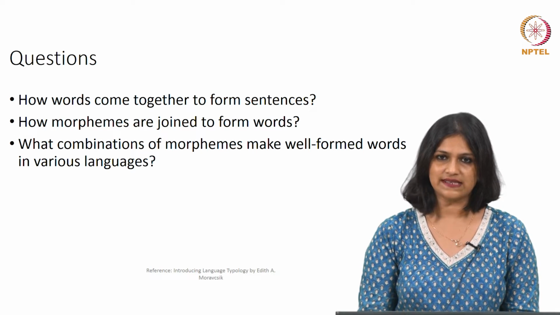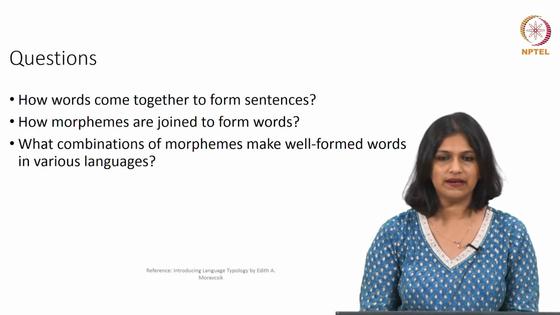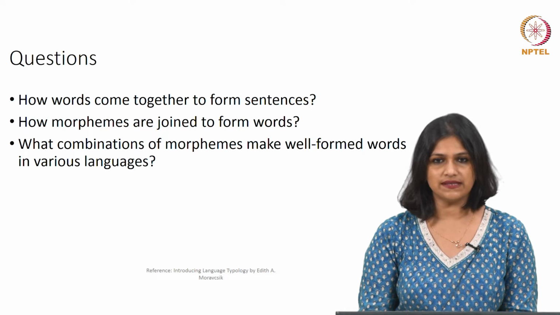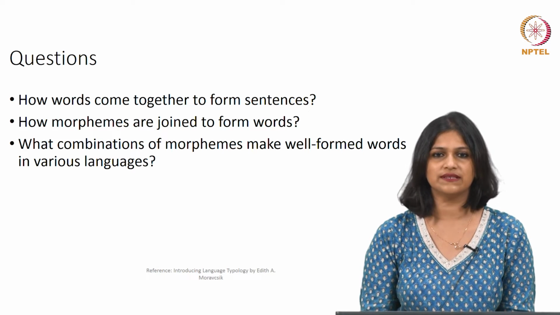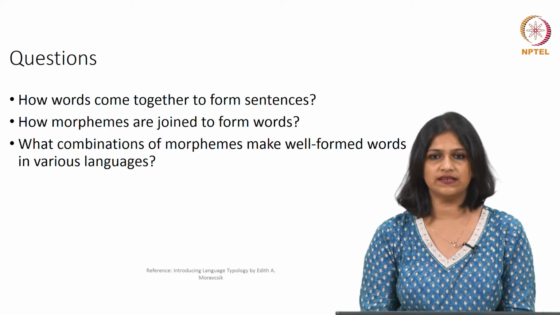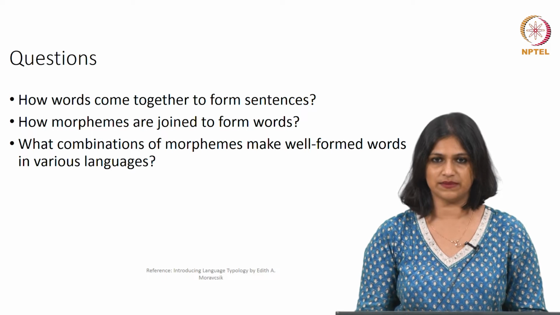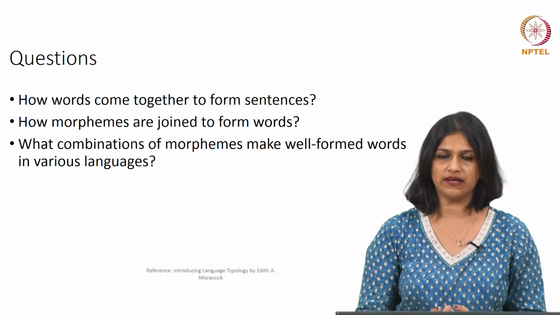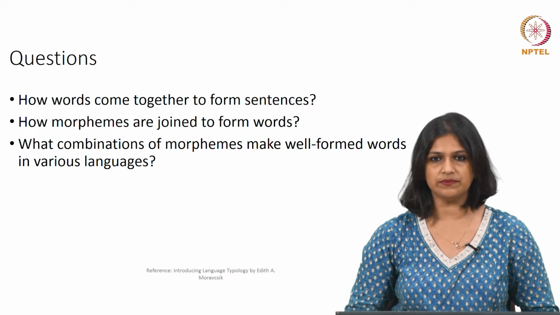This is not exactly in the domain of morphology, rather it will be primarily in the syntax domain, but to understand how words come together to form sentences, we also have to understand how morphemes are joined to form words. It is like one is a superset, the other one is a subset. If words would be the supersets, then their parts like morphemes are going to be the subsets of words.